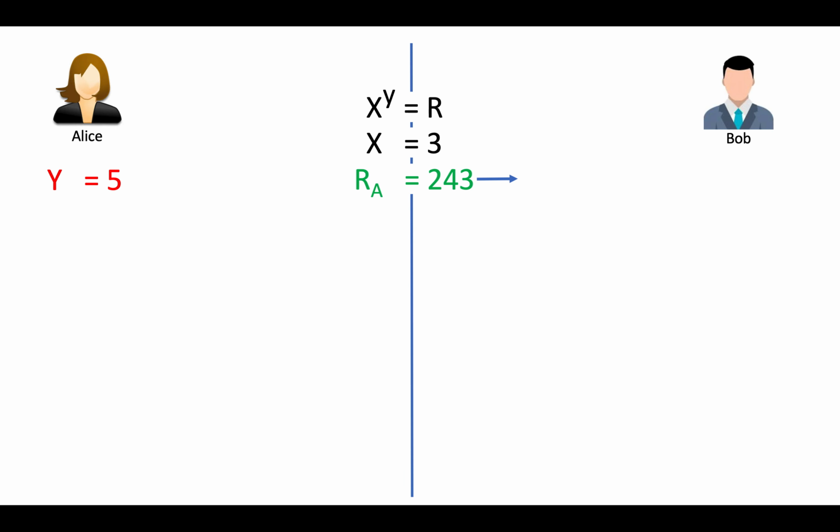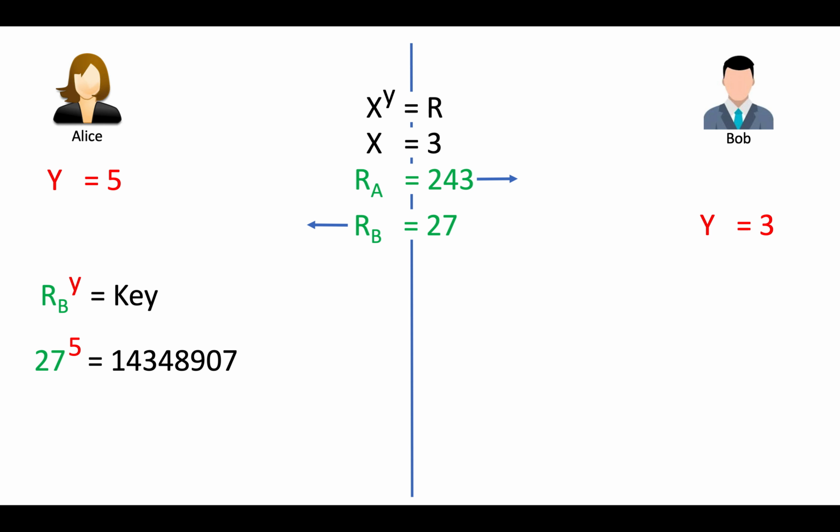Bob receives this information and generates a random value for y equal to 3. This is the secret of Bob. Calculate r, called RB. Send it to Alice. After receiving information from Bob, Alice reconsiders the same formula. In this formula, Alice replaces the value of x with RB and calculates the key.